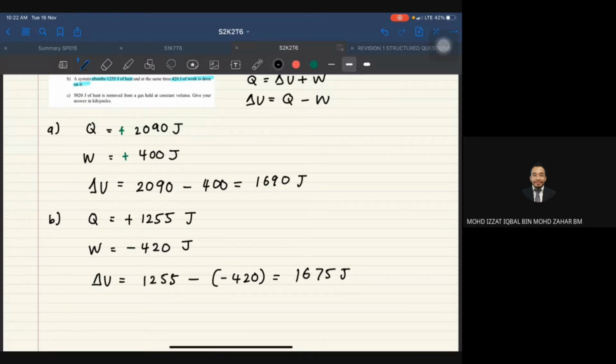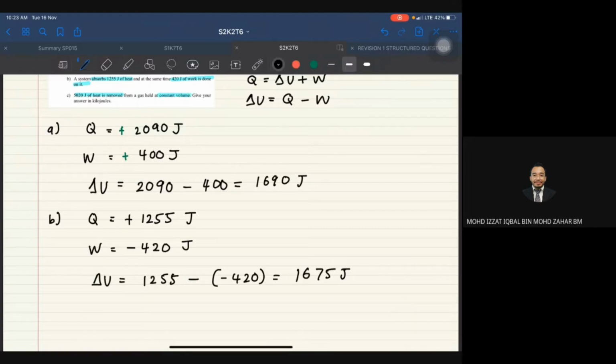Okay. Any question so far? Okay, now we move on to the question C. You have 5020 joule of heat is removed from a gas held at a constant volume.